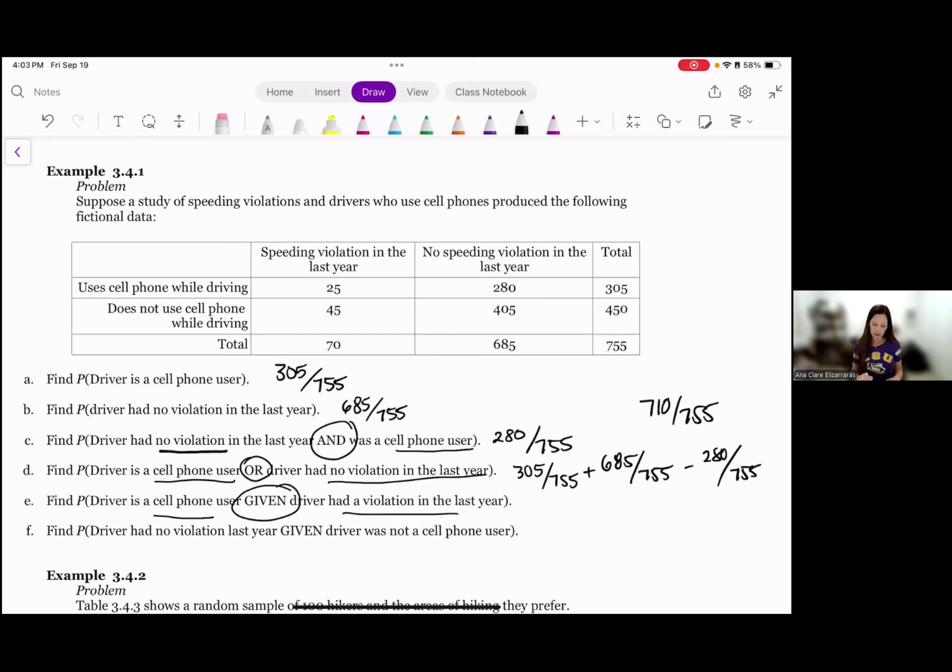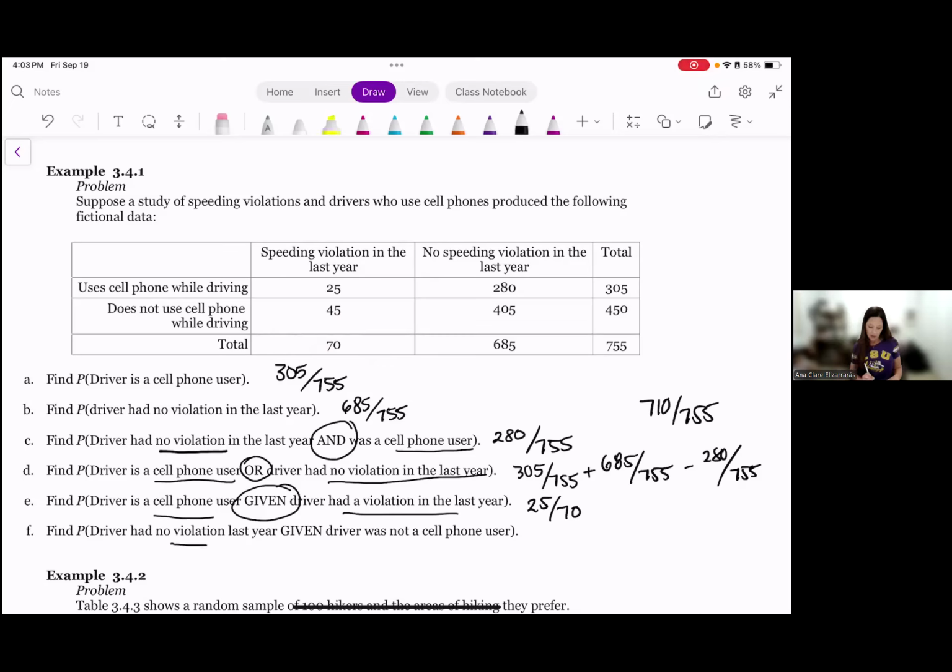Given a driver had a violation. Where are my violations? Speeding violations right here. Of you 70 that are standing, how many of you are cell phone users? That's 25. That means that my probability becomes 25 out of 70 because I'm only concerned with those that had a violation. Let's use that same approach for the last problem.